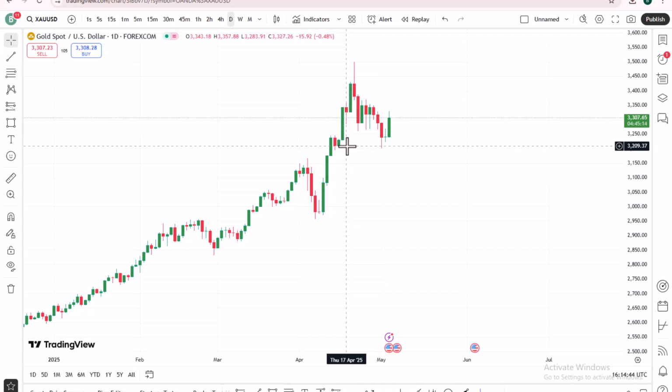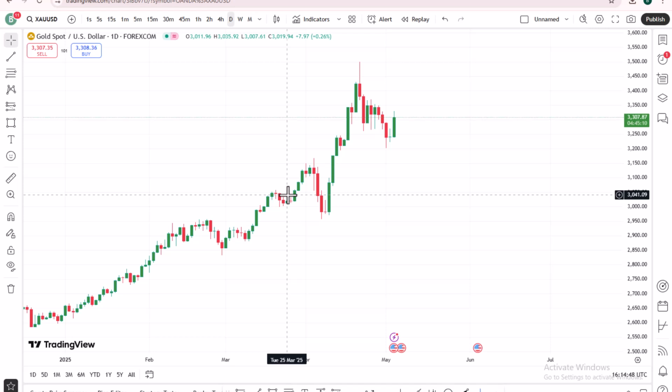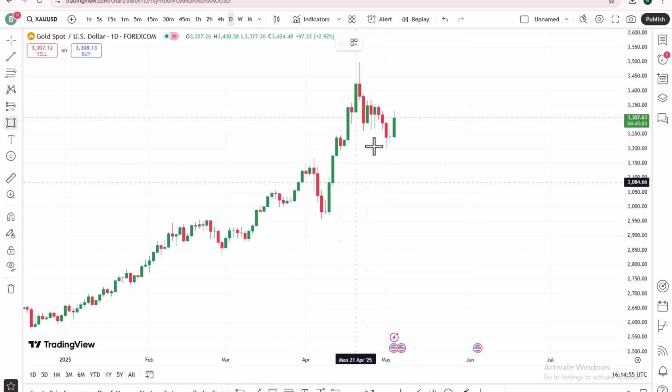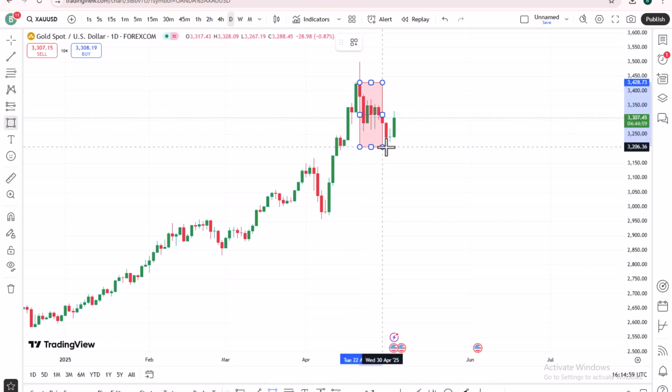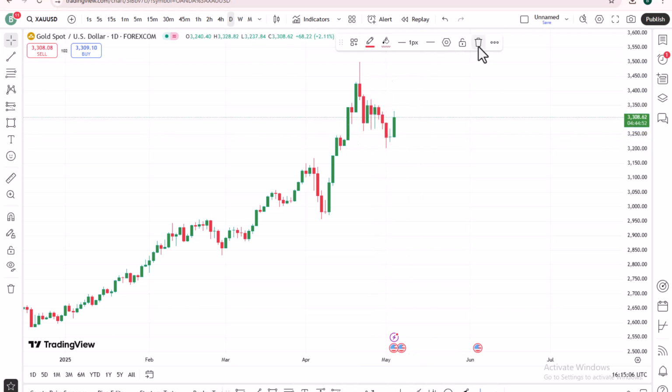When I come to the daily time frame, I look at what the price is currently doing. This part, we can see gold was trending downwards. When I see this kind of market, I start to trade according to what the market is doing.